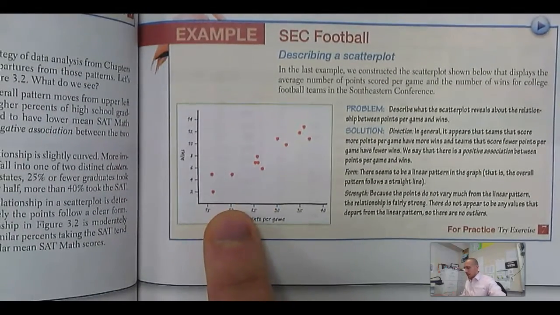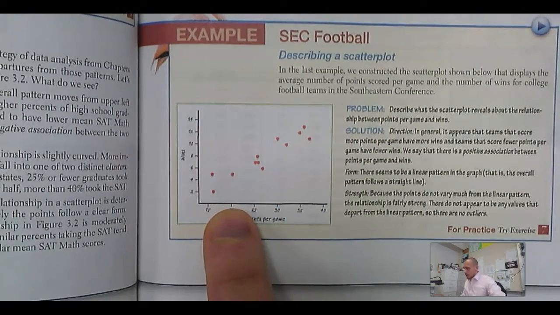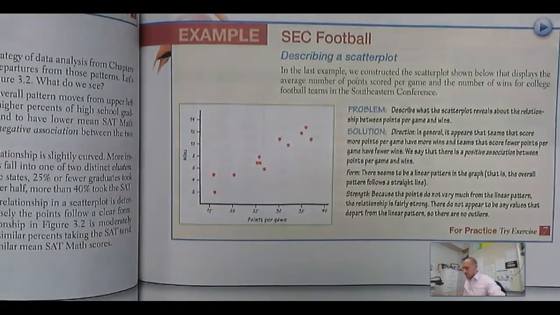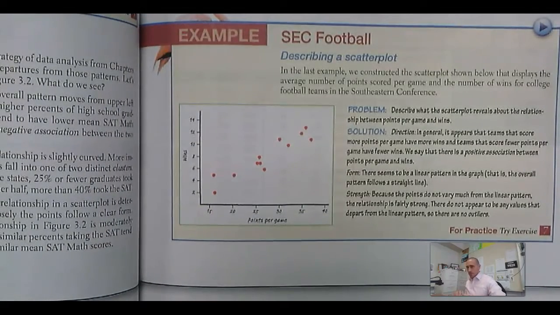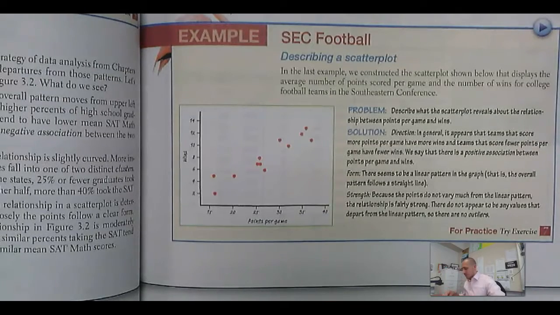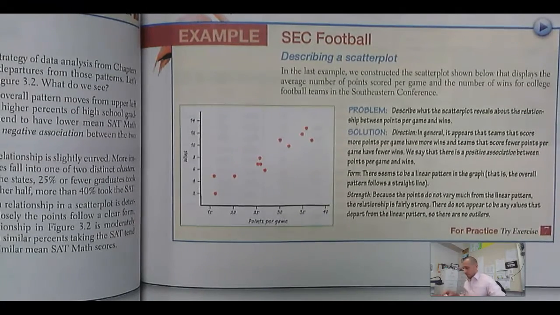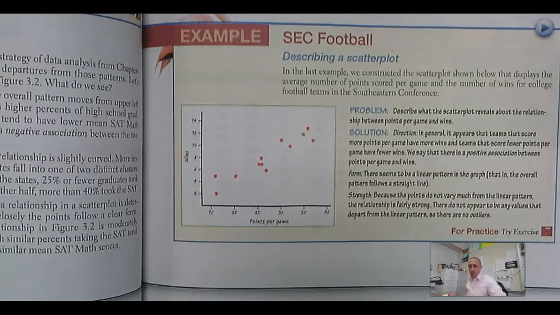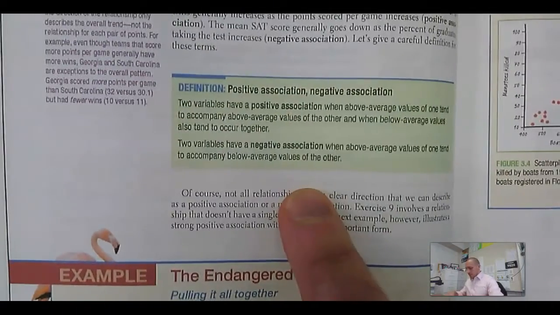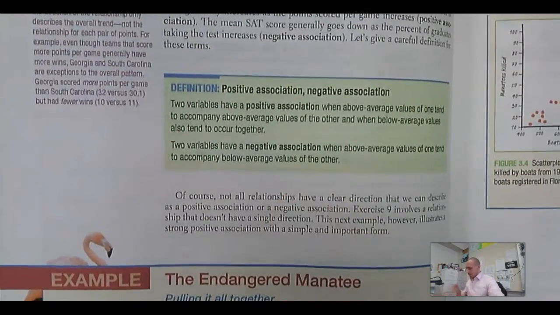So in this scatter plot, I would describe there is a positive, moderately strong linear association between points per game and wins, including context in there at least once. I don't see any outliers, so I wouldn't mention that. Okay, you could do that all in about 2 sentences. You don't need to draw it out, but you can. All right, so positive negative association, that should be pretty self-explanatory.